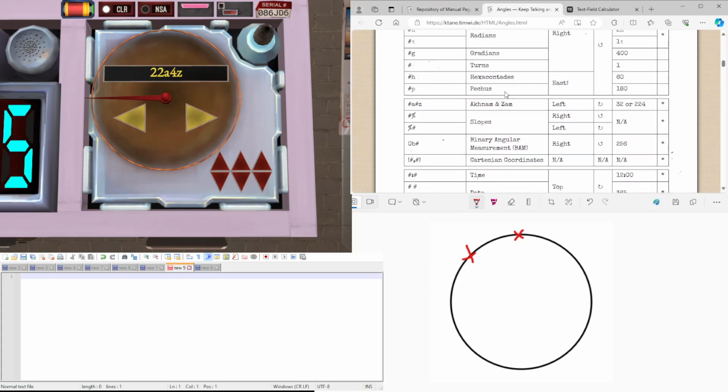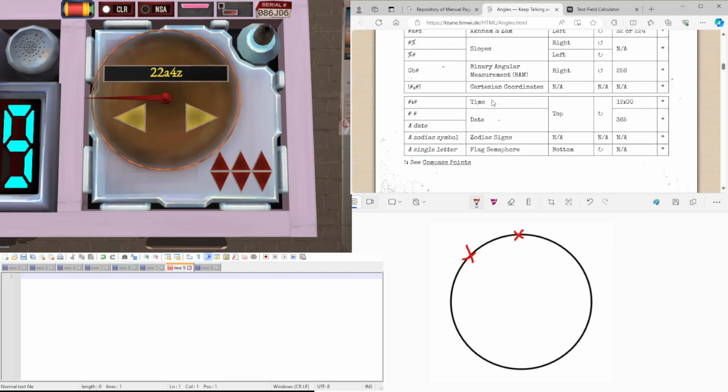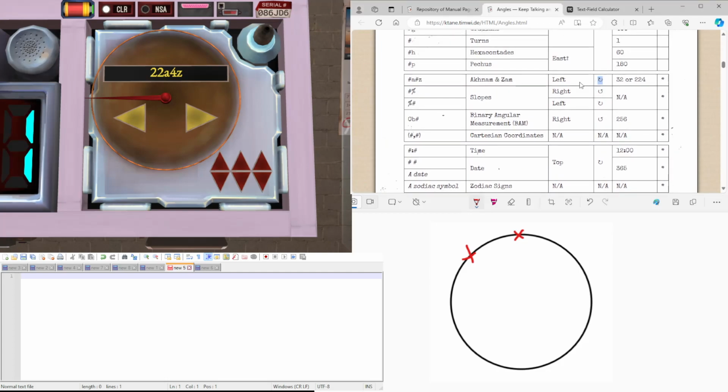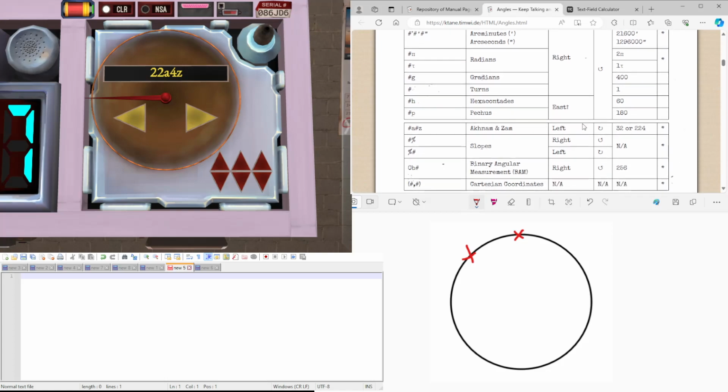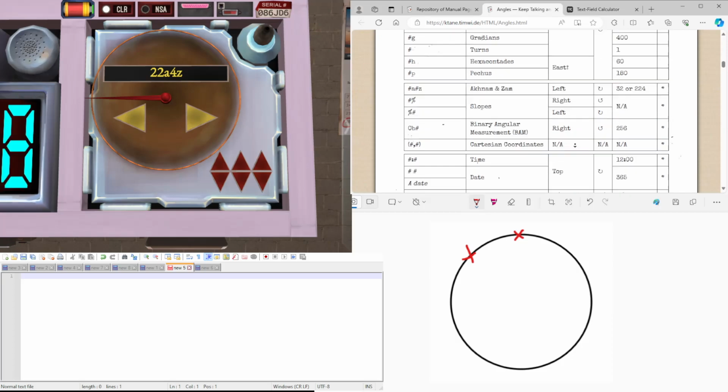And then we need to start from left and going counterclockwise. Not counterclockwise, regular clockwise. And just note that when it says these two numbers, that means 32 Aknam or 224 Zams.